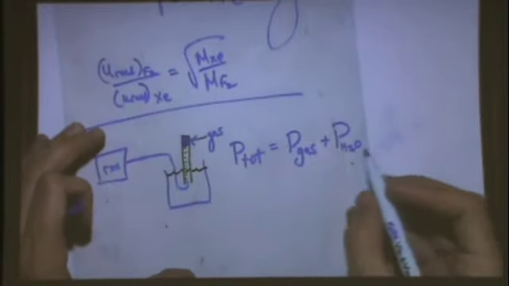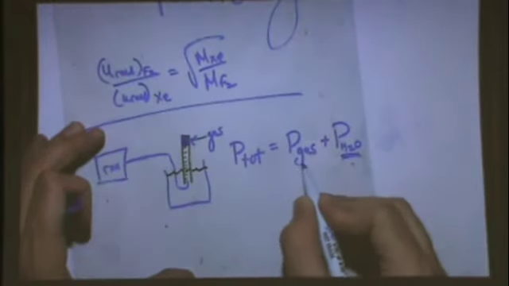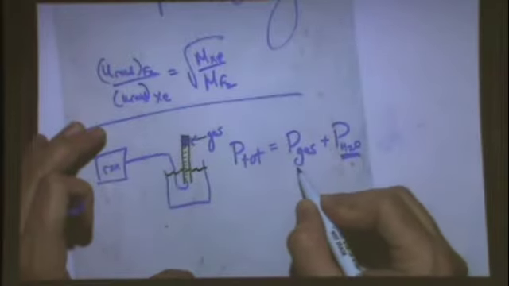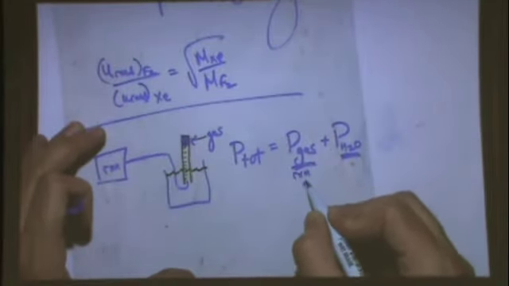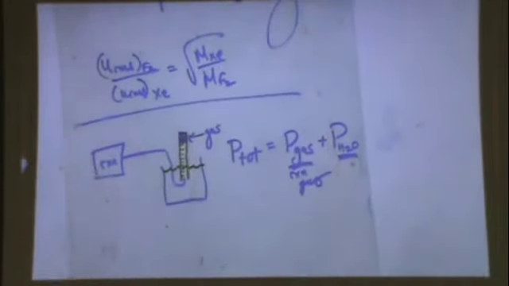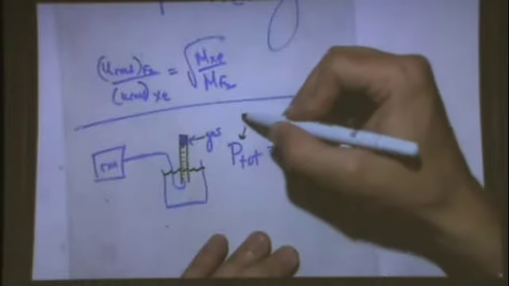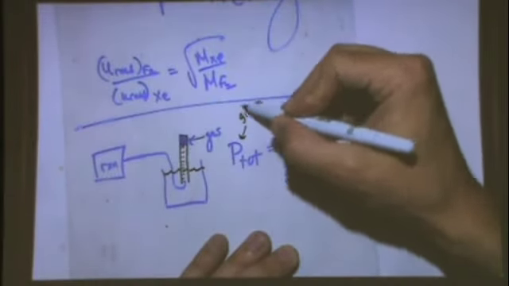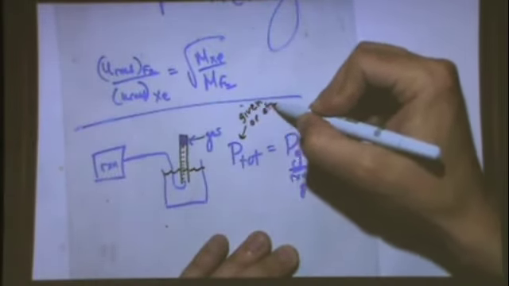So anytime you will have water and whatever the reaction gas is. So this would be the reaction gas. Okay? So what's going to happen is this number is either given or atmospheric pressure.